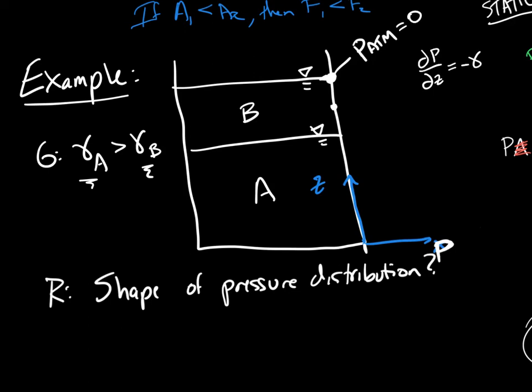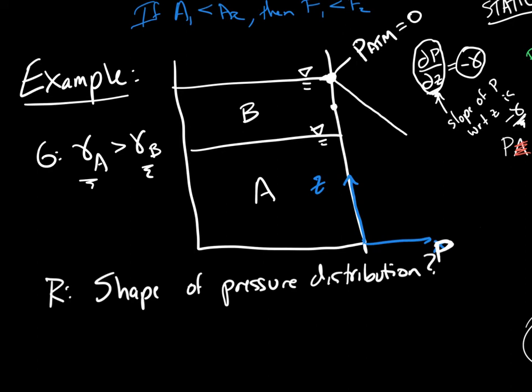The change in pressure with depth is negative gamma, so the slope of P with respect to z is negative gamma. In this entire fluid, B has a constant gamma, so the slope of this line is going to be constant.